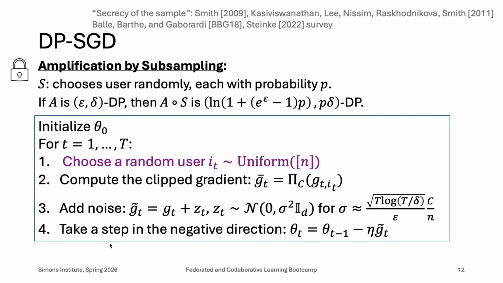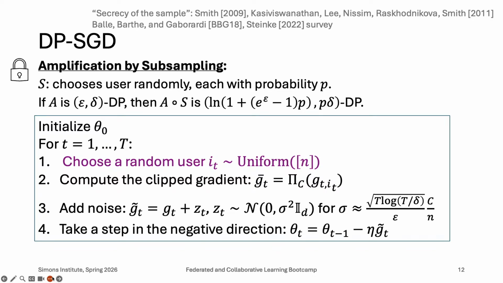So it's a subsampling procedure. Now, if you first use S to pick a subsample, and then you use A, the composition of these two algorithms, A composed with S, is this much differentially private. The new privacy parameters you get are log of 1 plus (e to the epsilon minus 1) times p, and delta changes to p times delta.